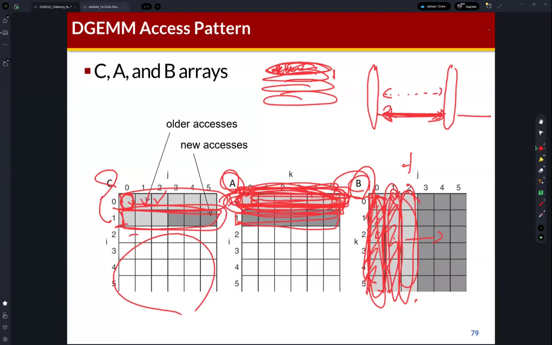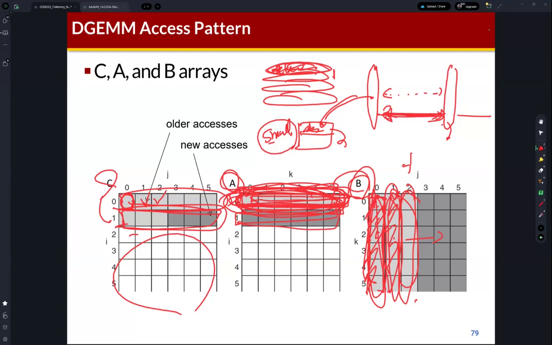The problem is that actually we can observe the data locality in the matrix multiplication. But if the cache size is small, this is the problem, right? This column data is first allocated in the cache, but when the same column data is requested again, because of the limited capacity of the cache, the old column data can be evicted from the cache, right?